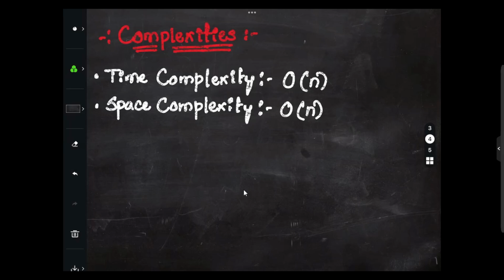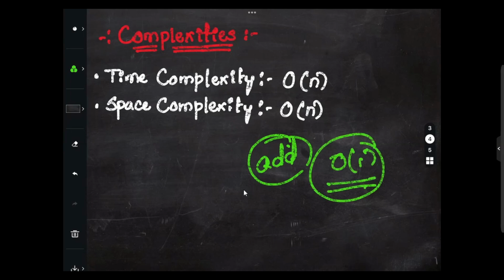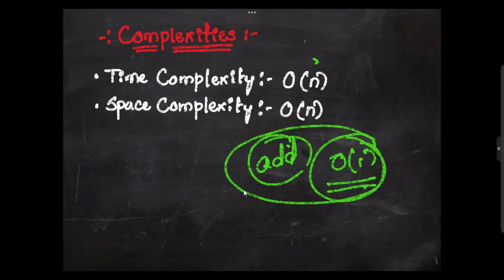Because we are scanning all the elements once, and each lookup or add in the hash set is big O of 1 on average. So overall time complexity would be big O of n, quite obviously, right?